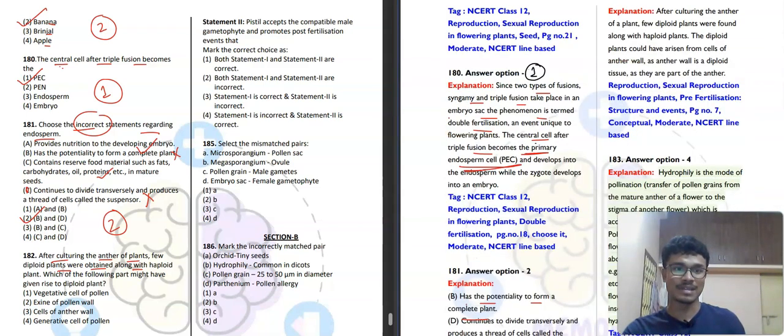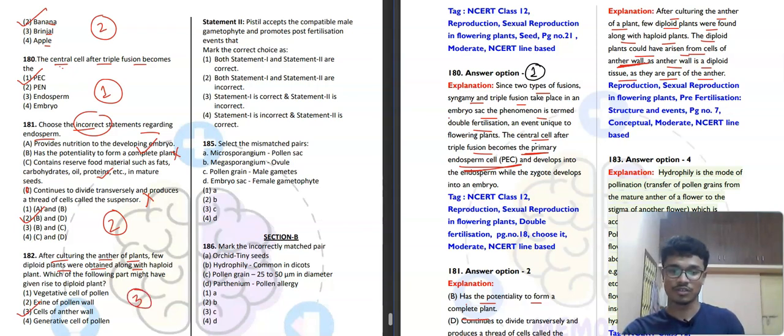The diploid plants could have arisen from the cells of the anther wall, because the anther wall is diploid tissue, being part of the anther. That's why the third option will be your correct answer for this question.